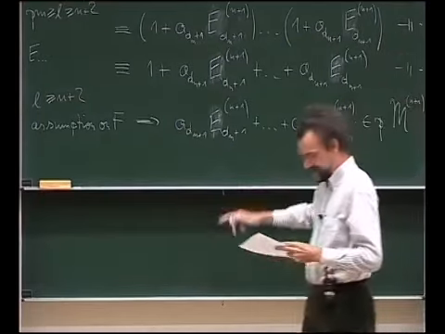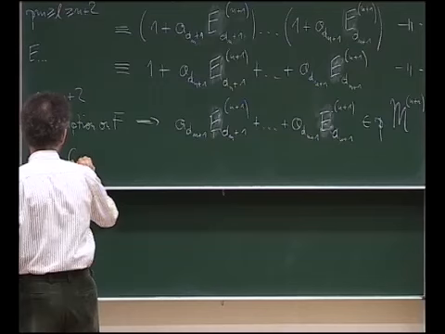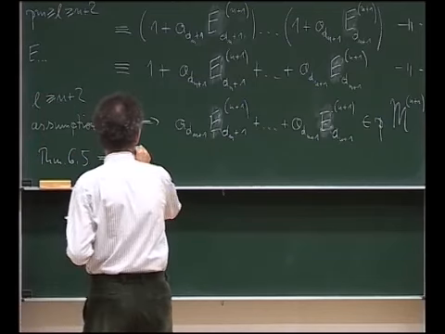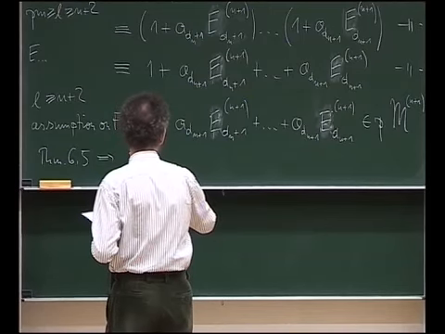Okay, so this linear combination lies in p times the homogeneous component of the Magnus algebra. But on the other hand, we know that this was theorem 6.5.